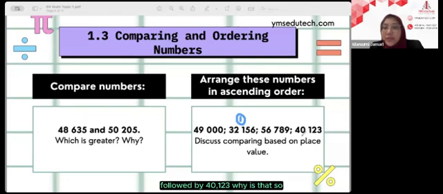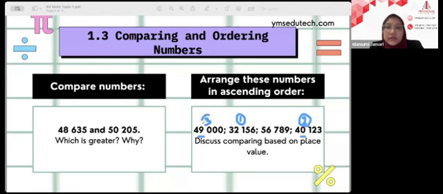Why is that so? Because in the thousands place, 0 is smaller than 9. Followed by 49,000. And lastly, 56,789.